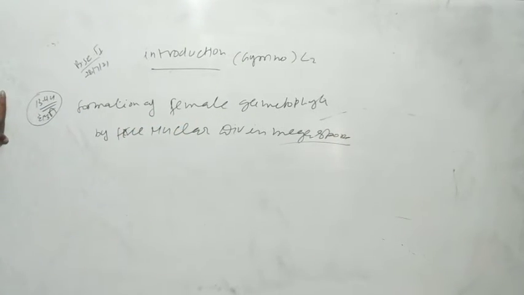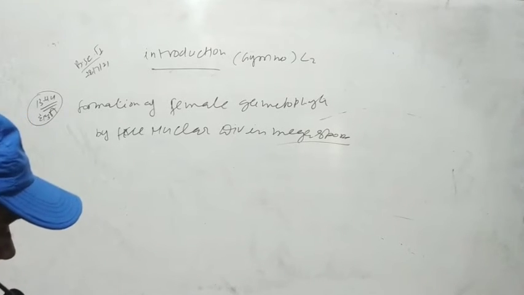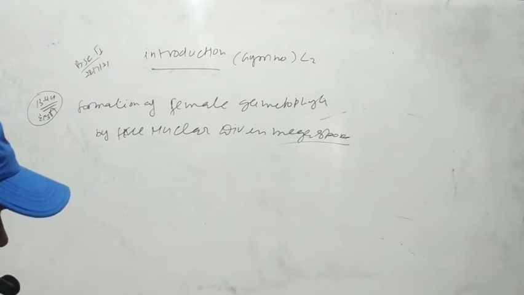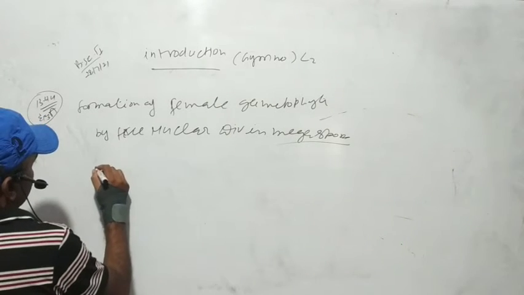When free nuclear division takes place in the megaspore, then the formation of the female gametophyte occurs. Here the ventral canal cell is also formed.